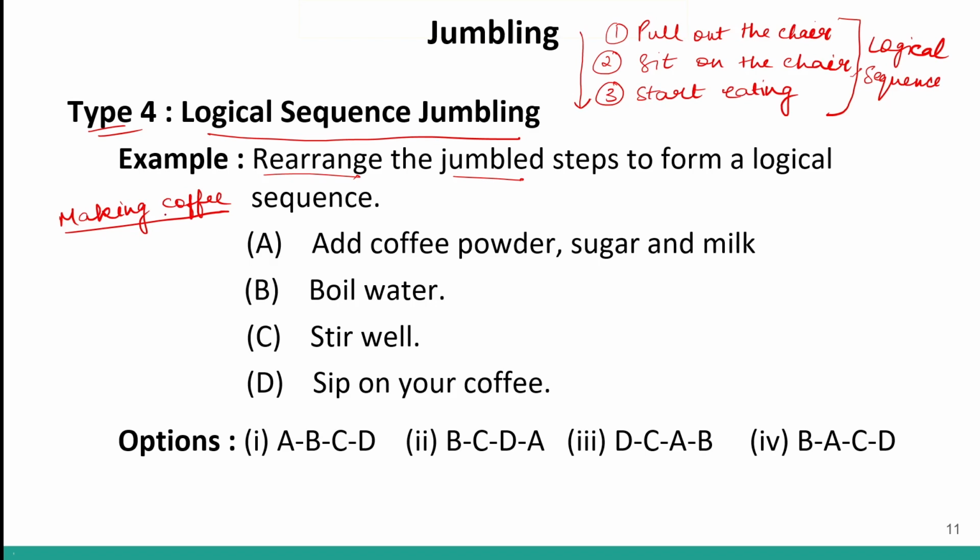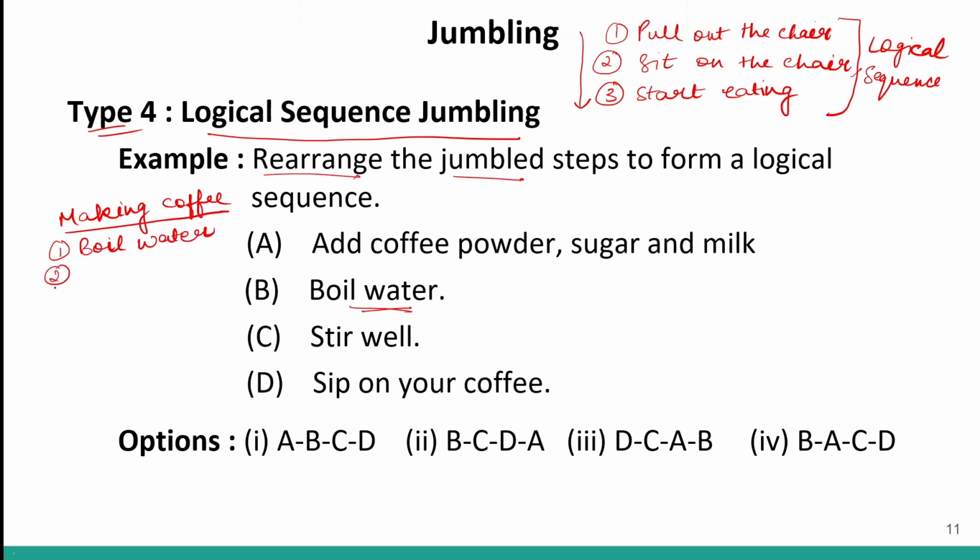Even if you have not made tea at home, this is logical sequence. You'll know what to do just by looking at it. The first step would definitely be to boil water. Before boiling water, can we make coffee? No. That will be the logically first step. Correct? We need water to make coffee.